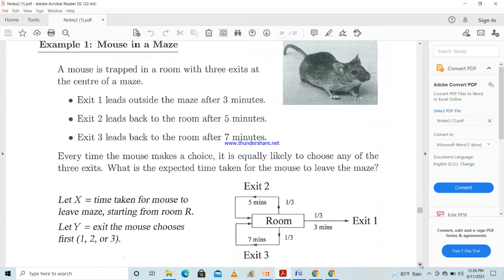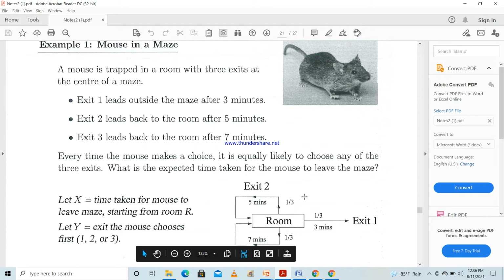This first example is the mouse in a maze. There is a mouse trapped in a maze, which in this diagram I have denoted by a room. There are three paths. If you take exit 1, you can get out of the maze.